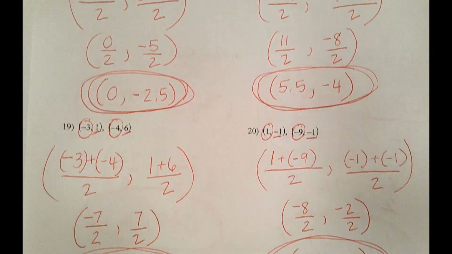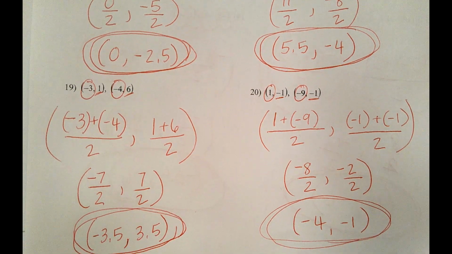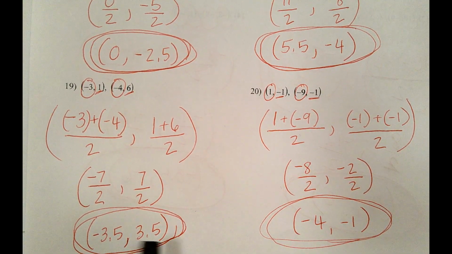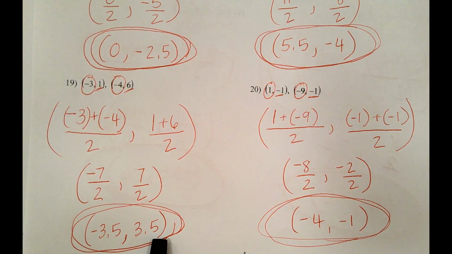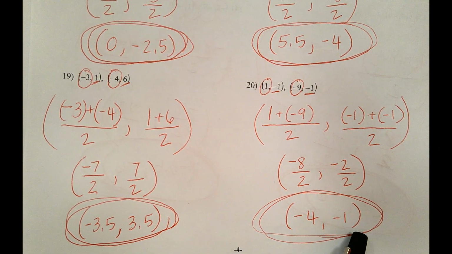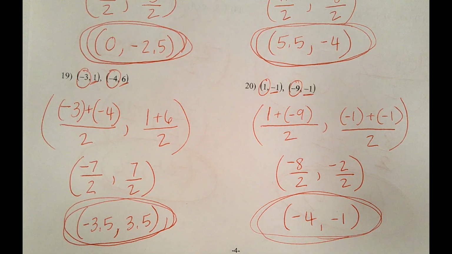And last but not least, 19 and 20. 19, I got -3.5, +3.5. 20, I got -4, -1. Those are your answers. Are there any other questions about any of these problems?